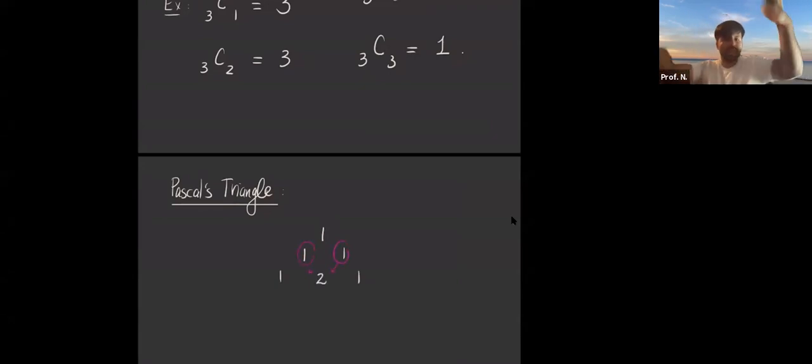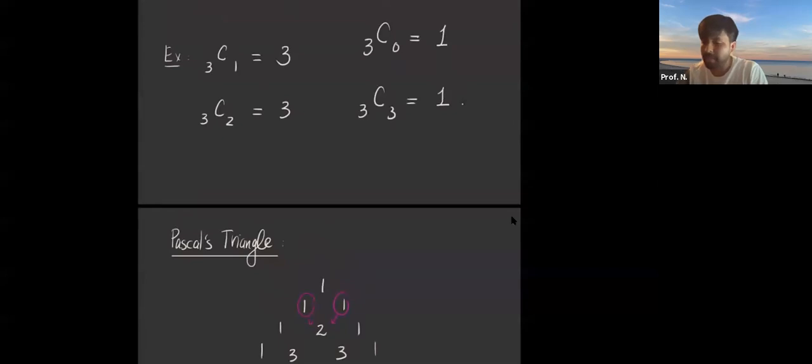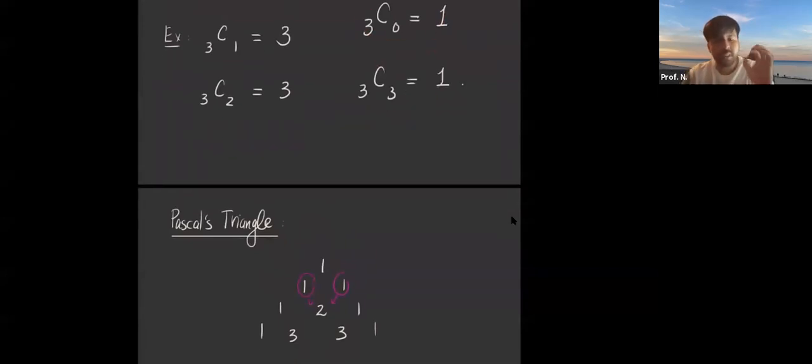And then the next row, we extend these ones again. These ones diagonally just keep on going. But the numbers in between come from the previous two numbers that we have. So 1 and 2, when you add them, what do we get? 3. And 2 plus 1 is what? 3. These numbers 1, 3, 3, 1 are numbers that come from combinations.